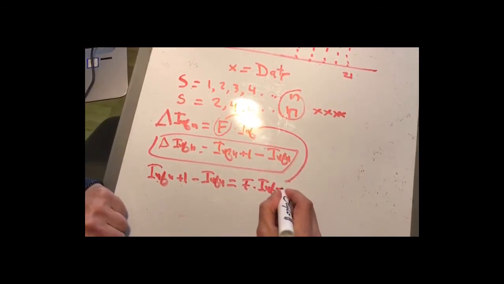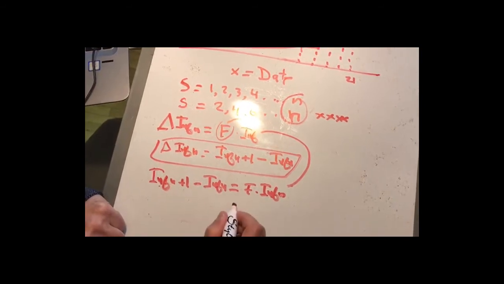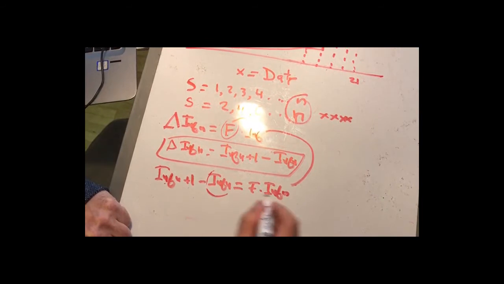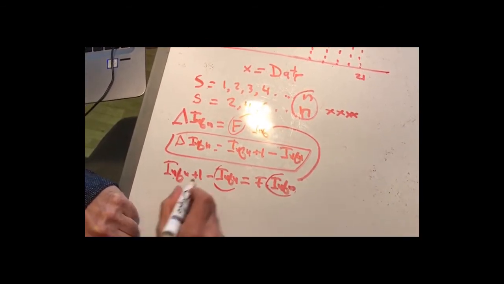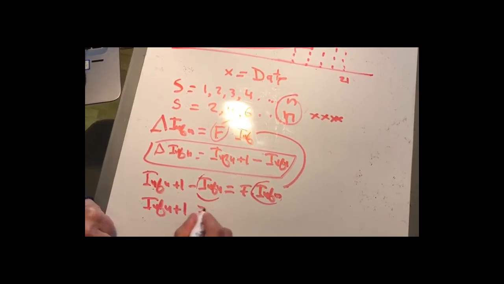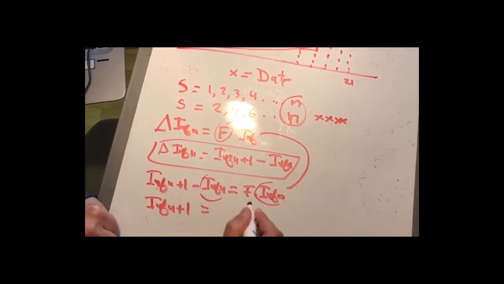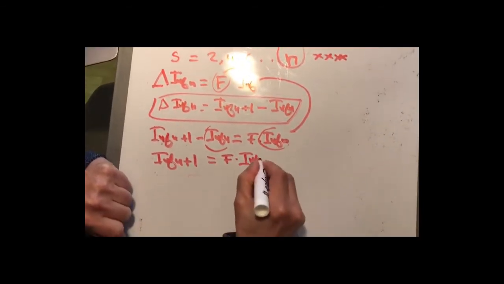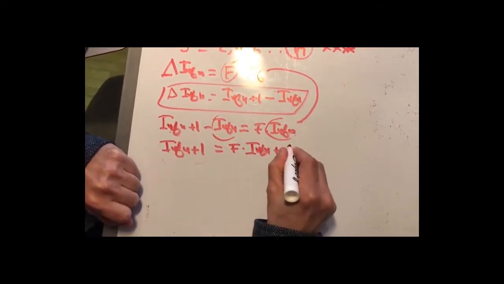Okay? And I have this equation, and I want you to notice here, this is a common factor. So I'm going to isolate this variable here. Equal, because this is negative, it is going to be positive, the factor multiplying this one.